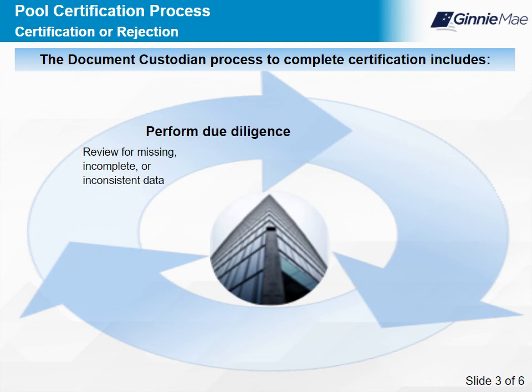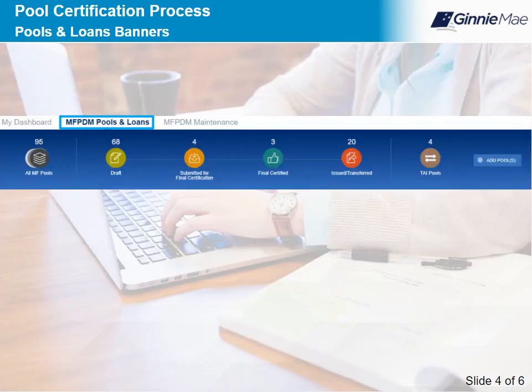The document custodian is responsible for verifying that all necessary corrections have been made by the issuer before certifying any pool. Document custodians have 2 options. They can either certify or reject a pool. Select Next to continue.